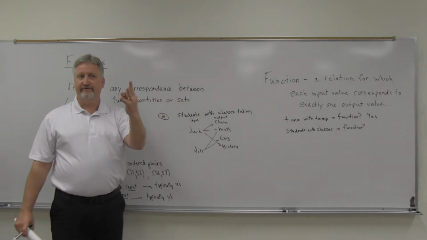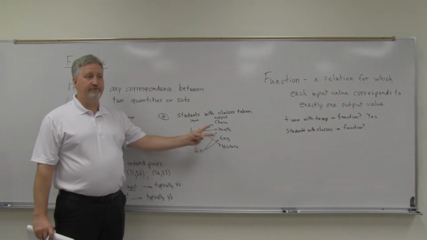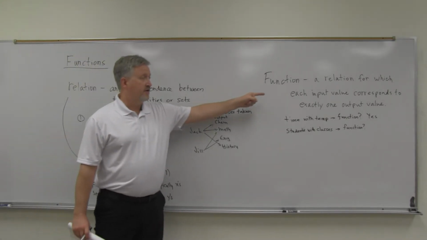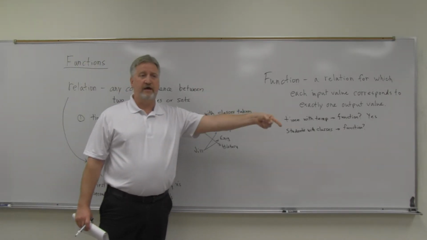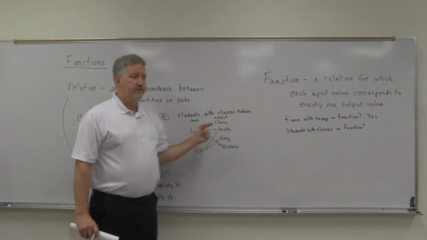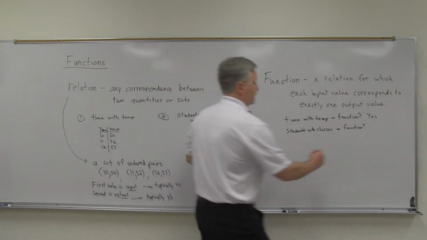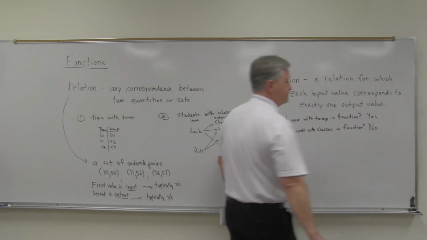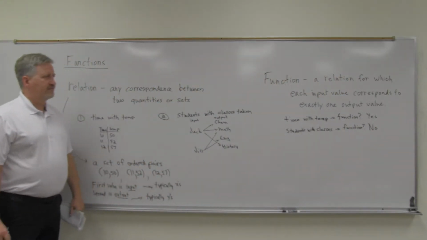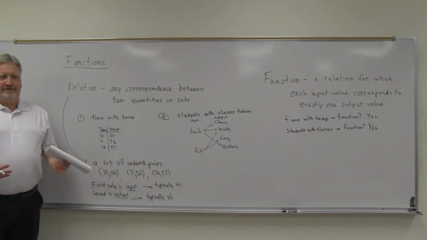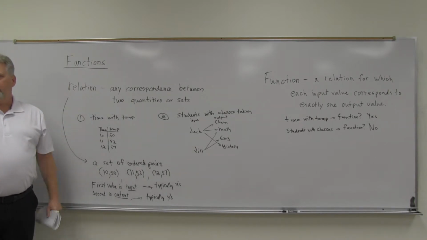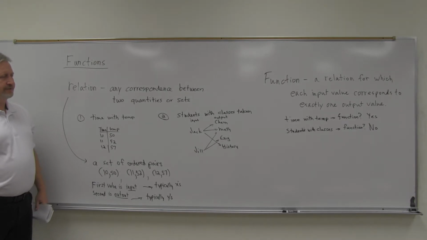Looks like there's 3. If I input Jill, there's 2. So is that a function? No, for a function, one input gets one output. So this is not a function, you see. With me? Good? All right, so that's the idea of function. One input gets exactly one output. Can't have more than one output for each input.